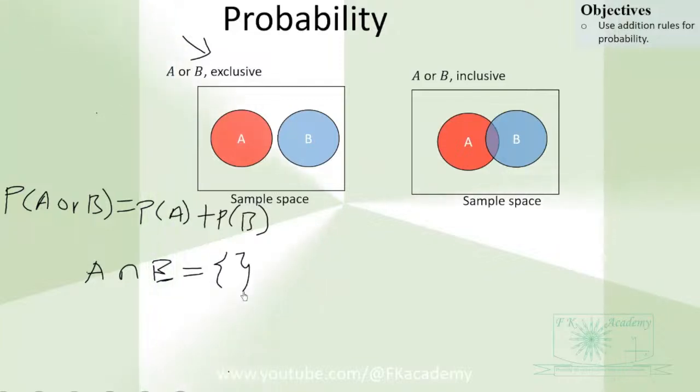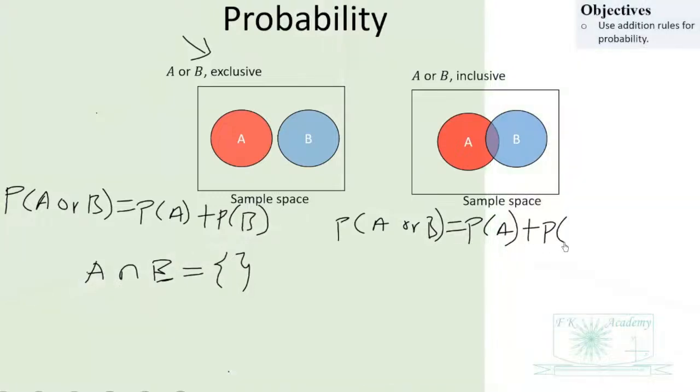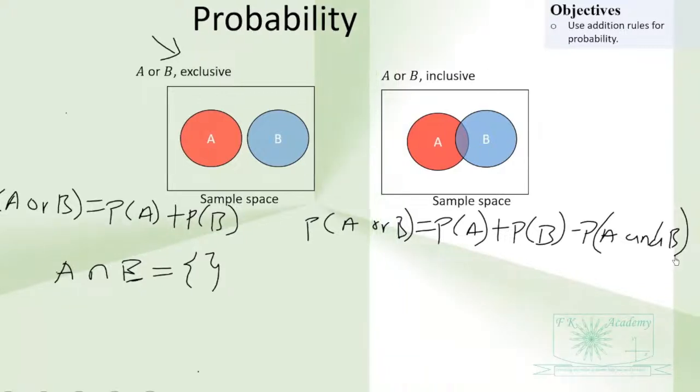Now, if A and B are inclusive events in the same sample space, then probability of A or B will be equal to probability of A plus probability of B minus probability of A and B. So in this case, the intersection is not a null set.